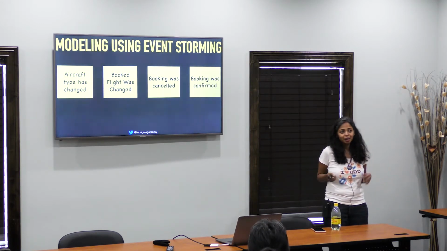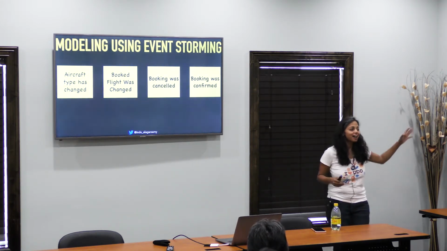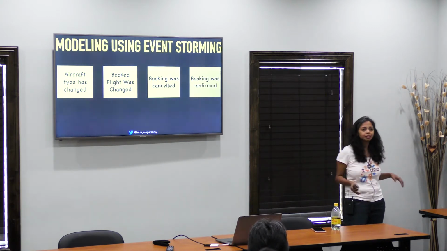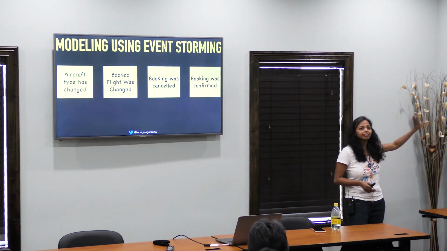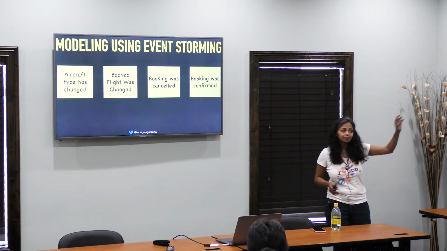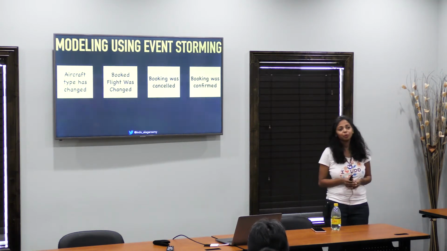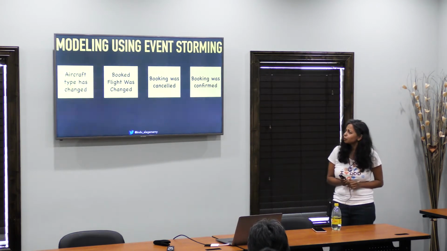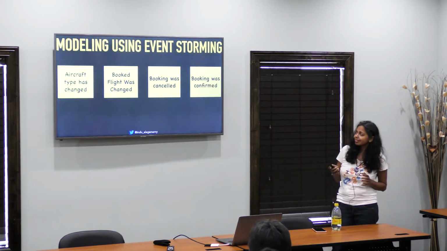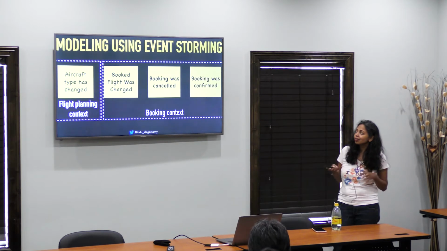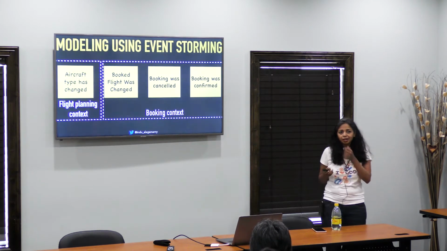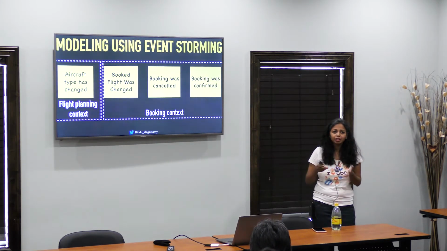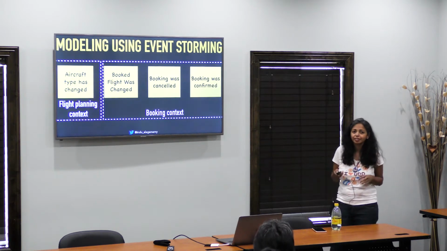So just buy yellow and have your own key when you're doing this process. Yellow means event, blue means command. It could be whatever Post-its are available at your workplace. So you identify these, and then you start to see, okay, these things fall into booking, or you start to have this idea.